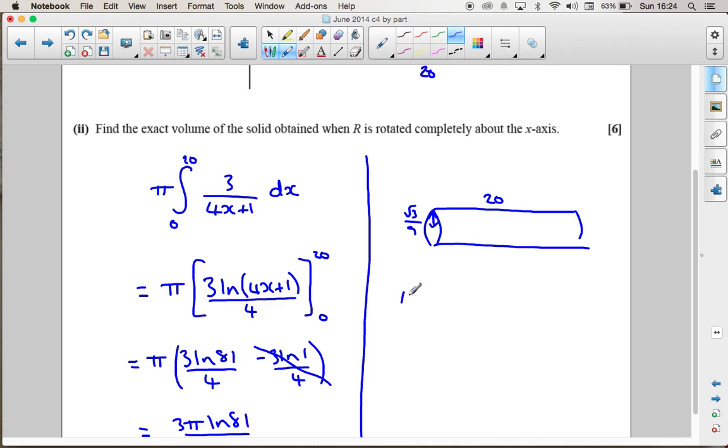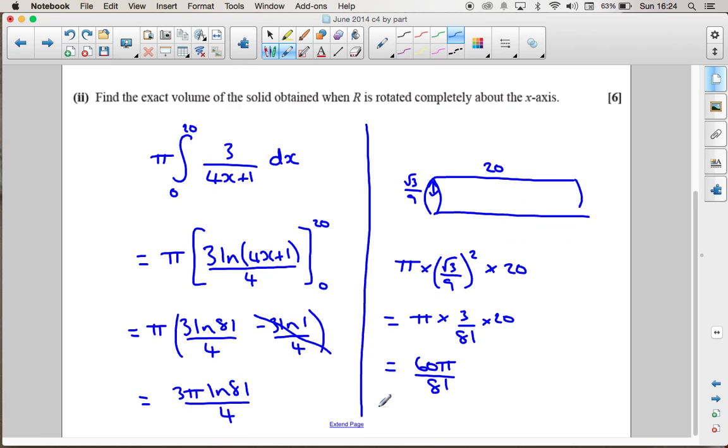So we're going to get pi times the radius squared, so root 3 over 9 all squared, times by 20. Pi times 3 over 81 times 20, or 60 pi over 81.